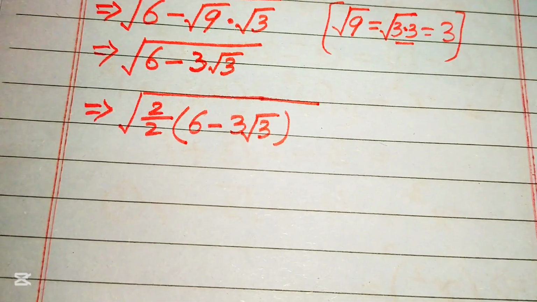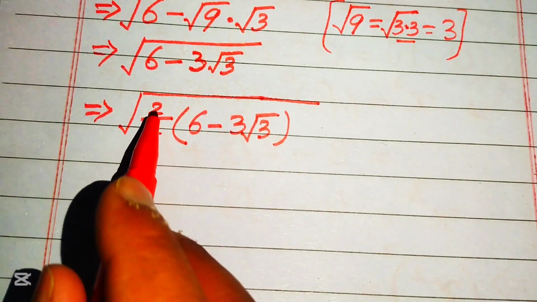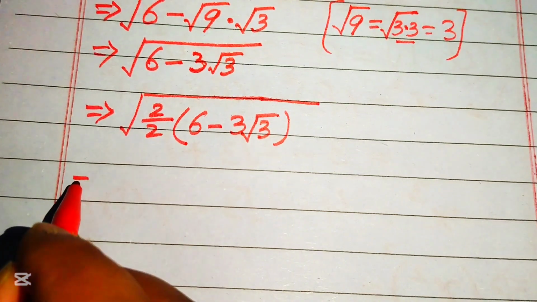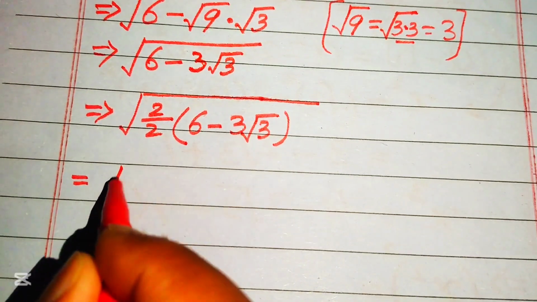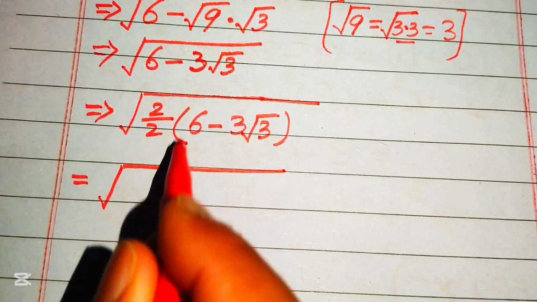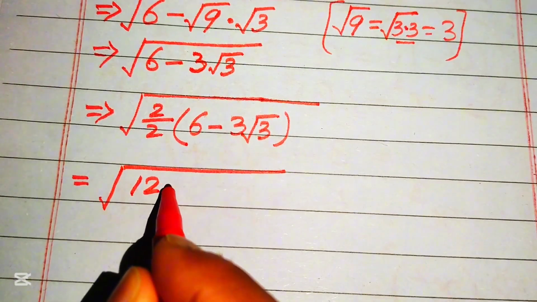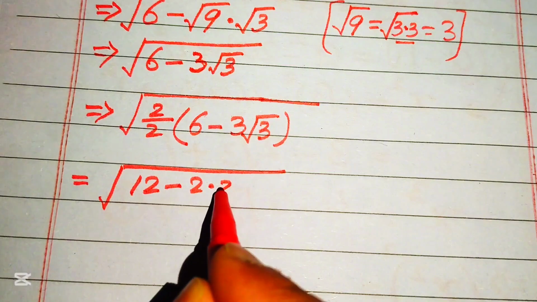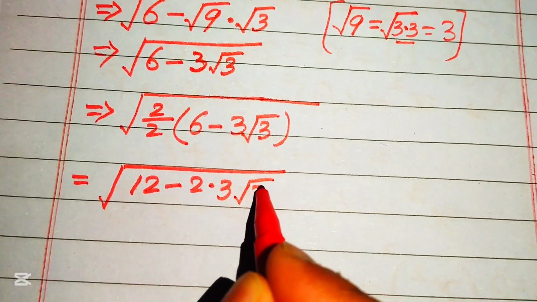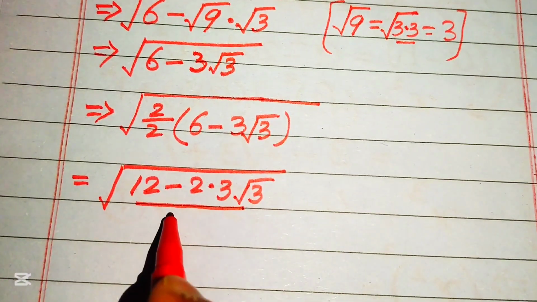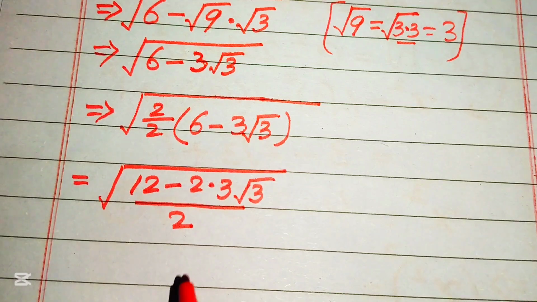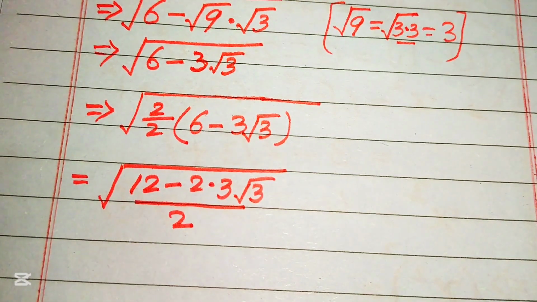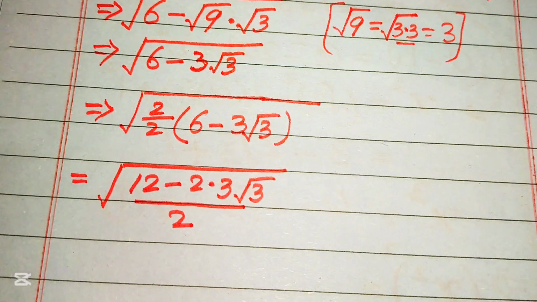We need more simplification, so we multiply the above 2 on these two numbers and divide by 2. It will be written as the square root of 12 minus 2 times 3, that is 2 times 3 into the square root of 3, divided by 2.